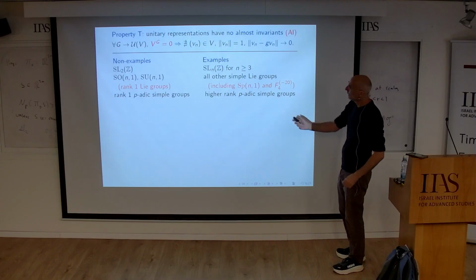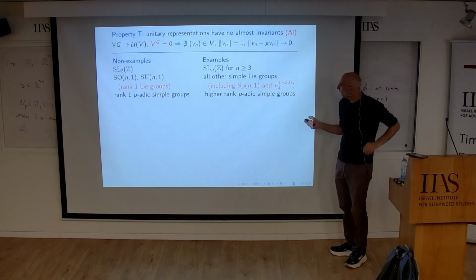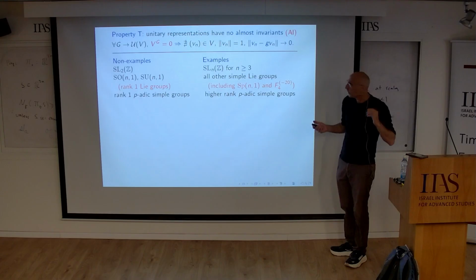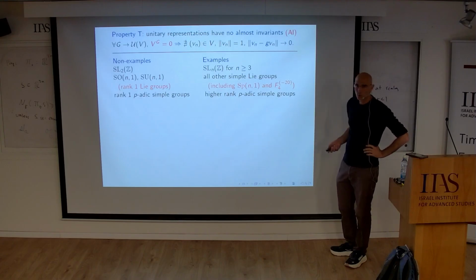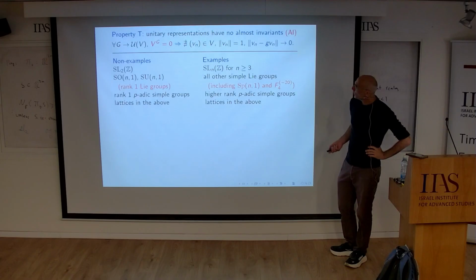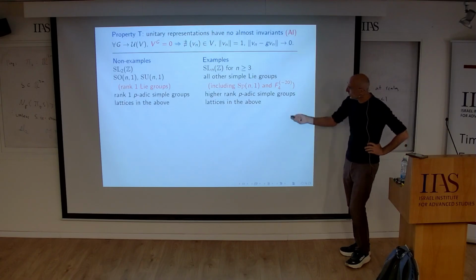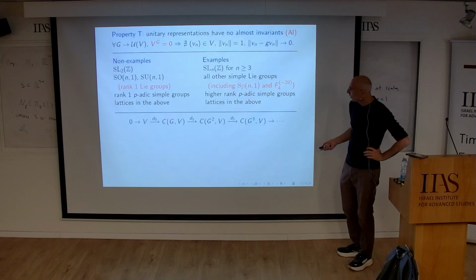If you are rank 1, then you don't have property T. If you're higher rank, you do have property T. And property T goes down to lattices. So this SL_2 is just an example that follows.